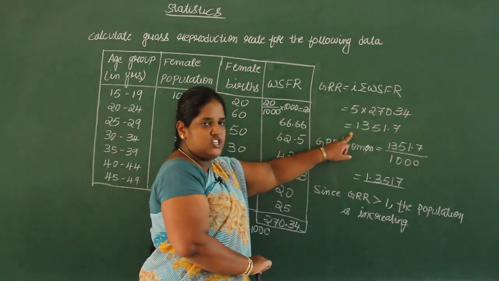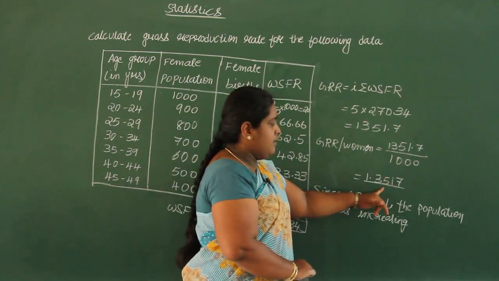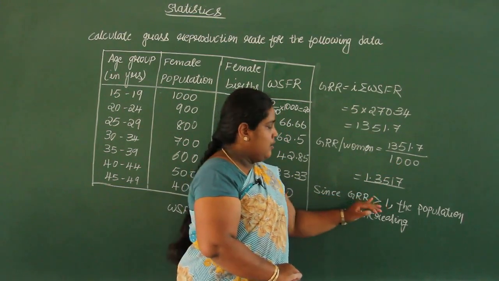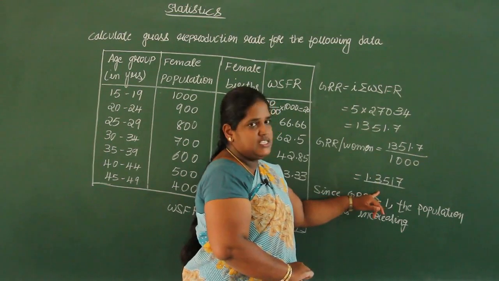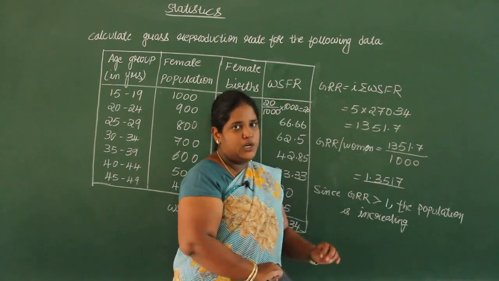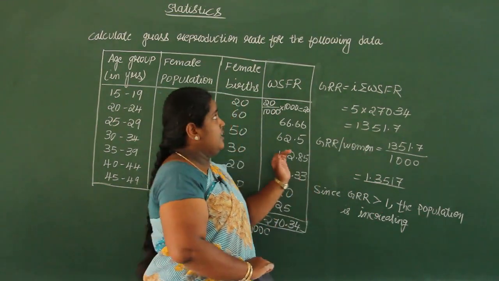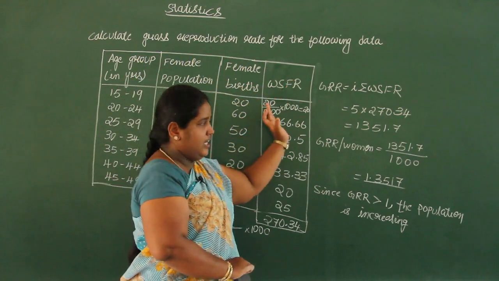So you can comment on the GRR. First you have to find out GRR. You'll get some value. Then you have to divide it by 1000. Check whether the value is greater than 1 or less than 1. If it is greater than 1, the population will increase, and if it is less than 1, the population will decrease. So write the comment only if it is asked. In this question I have asked only to calculate the gross reproduction rate for the following data.